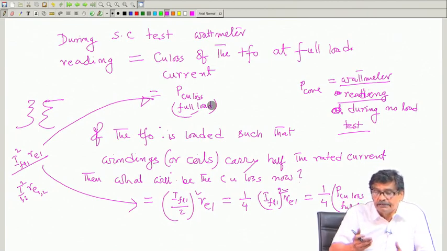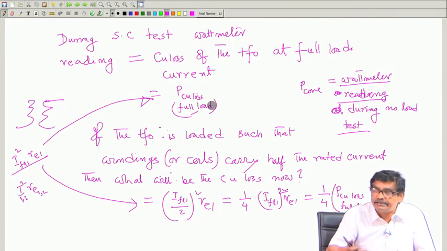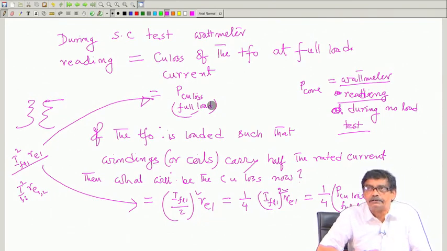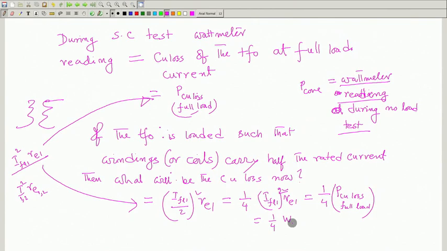If it is carrying 3/4 of the rated current, then copper loss would be 9 by 16 into the rated-current copper loss. And it so happens this becomes equal to 1/4 into the wattmeter reading during the short circuit test. It is not compulsory to write it like this, but this concept is important.